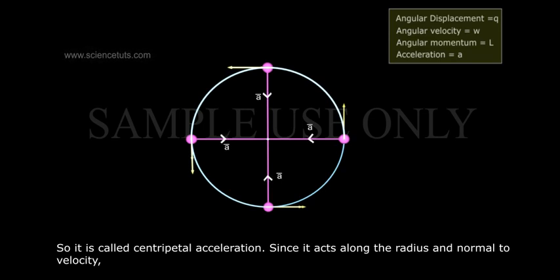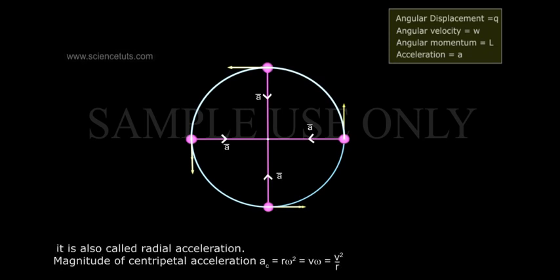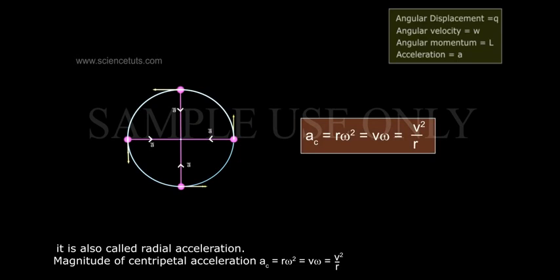Since it acts along the radius and normal to velocity, it is also called radial acceleration. Magnitude of centripetal acceleration a_c is equal to r omega square, that is equal to v omega, which is equal to v square by r.